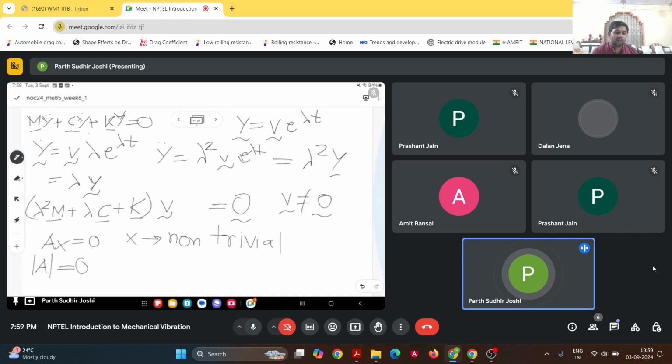We'll apply the same concept here: the determinant of the matrix lambda square M plus lambda C plus K. This equation, that this determinant is 0, is the characteristic equation, analogous to the one we get for a single degree of freedom system.